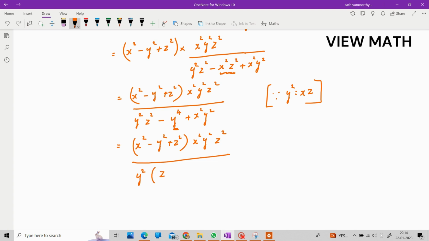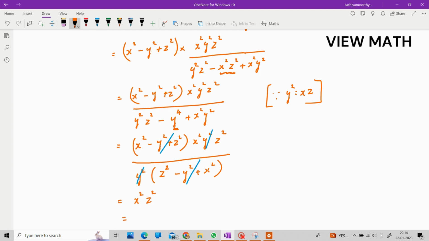I will be getting first term z square, second term y square I have taken, so remaining y square is there inside the bracket plus x square. Now I can see the numerator and denominator have common terms. So this term and this term I can cancel, and y square I can cancel. So remaining I'll be getting x square z square.